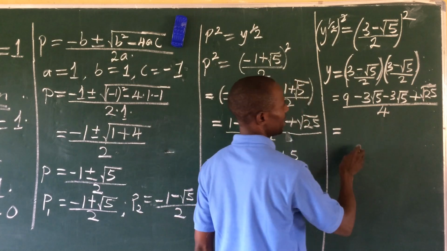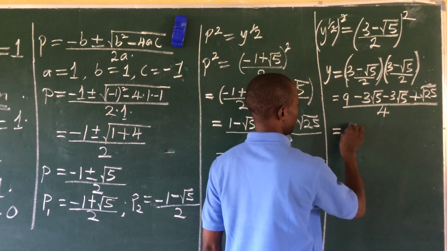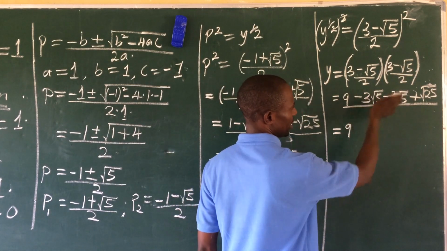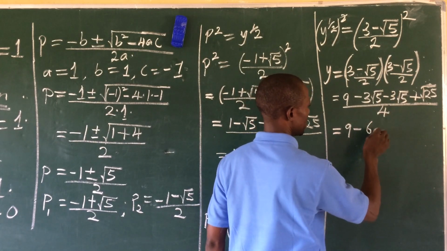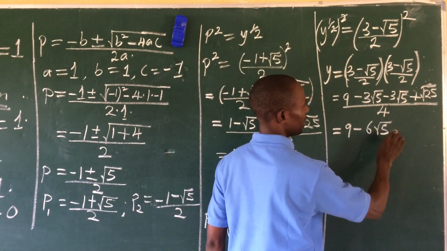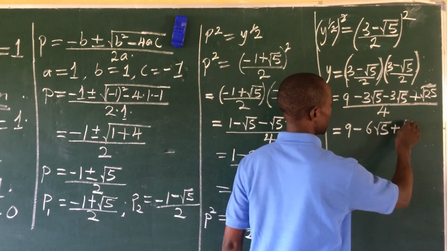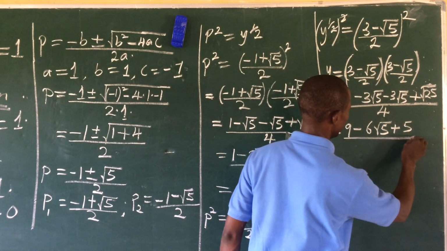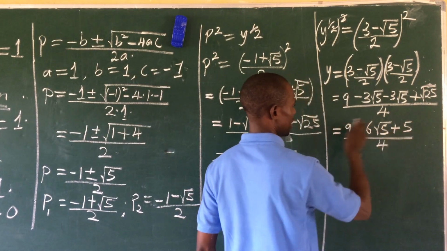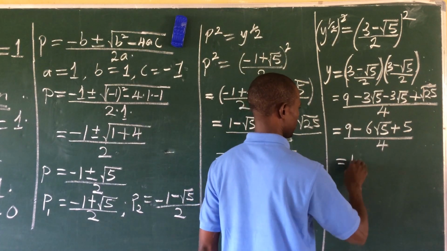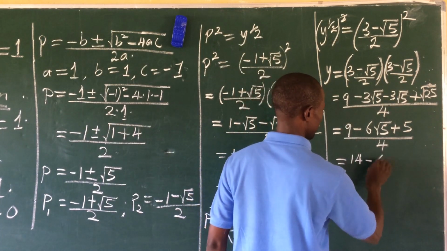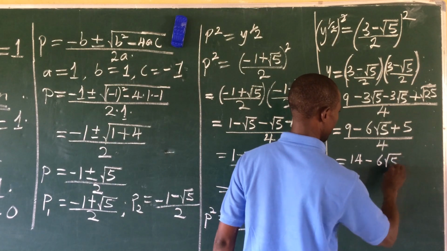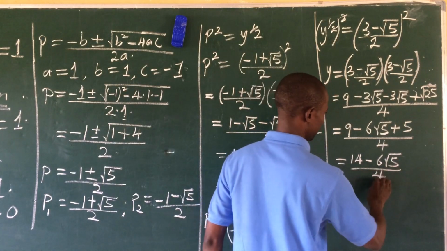If we simplify, we have 9 first, then minus 6√5, and here we have plus 5, all over 4. Add 9 to 5 and that gives us 14. So we have (14 - 6√5) all over 4.